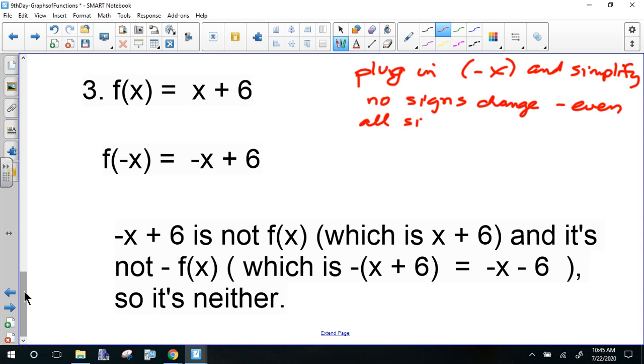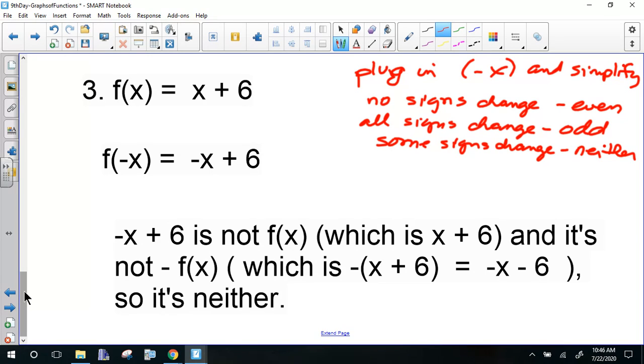All signs change, it's odd. And if only some signs change, it's neither. So write that down in your notes. It's a good way algebraically to remember it. No signs change, even. All signs change, odd. If only some of them change, it's neither.